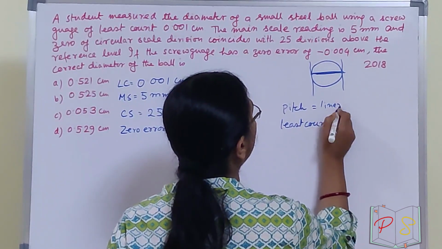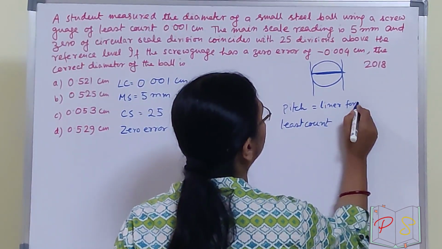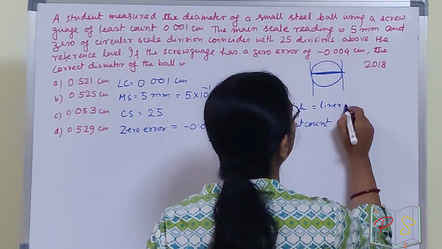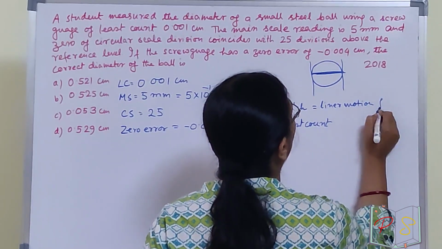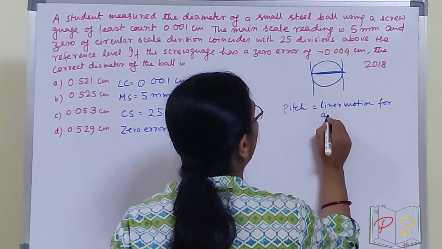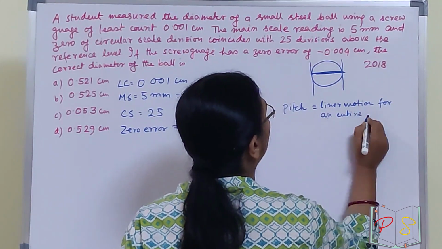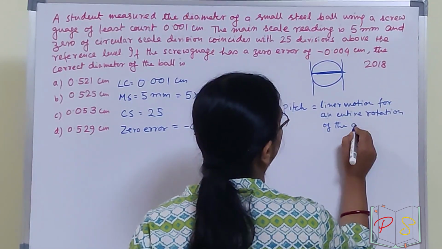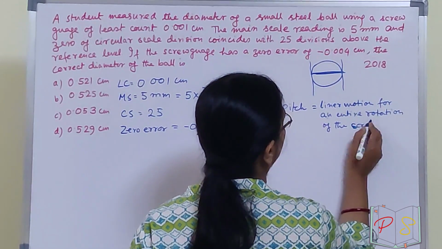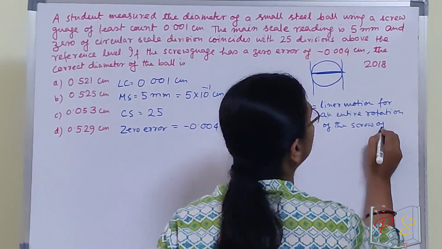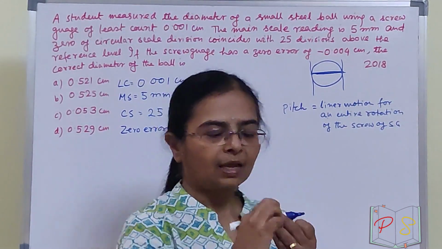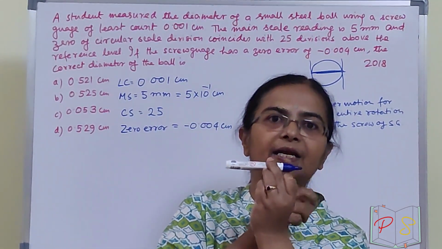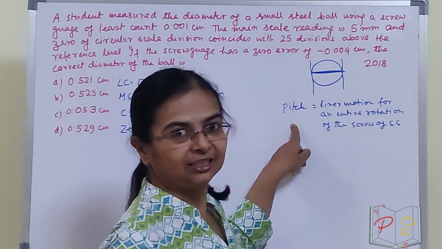It is the linear motion, forward or backward, for an entire rotation of this screw of the screw gauge. If you rotate through 360 degree, the linear motion it has is called pitch.